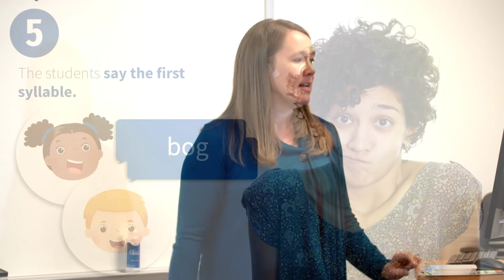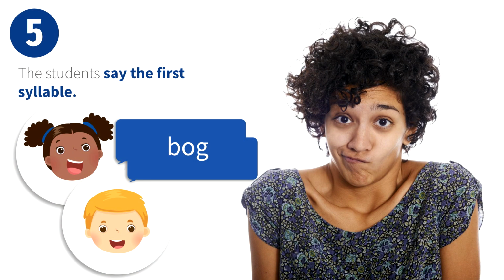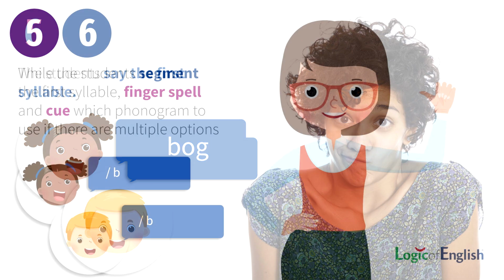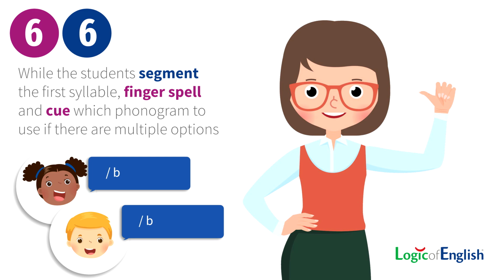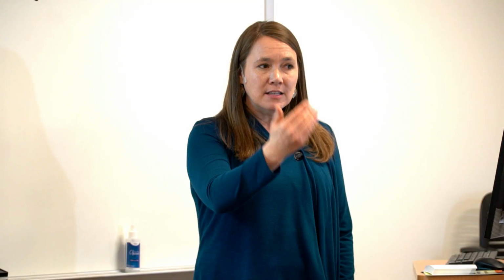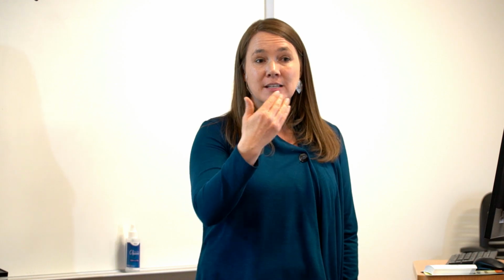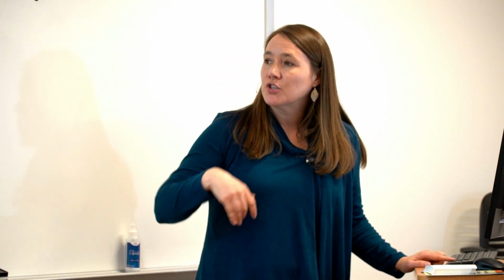And then the students will say the first syllable, bog, and then they will segment that first syllable, and you will finger spell and cue it. By the way, once a class gets into this, they'll just begin to know what's coming next. So I will be the student, and you're going to practice finger spelling and cueing for me as my teacher.